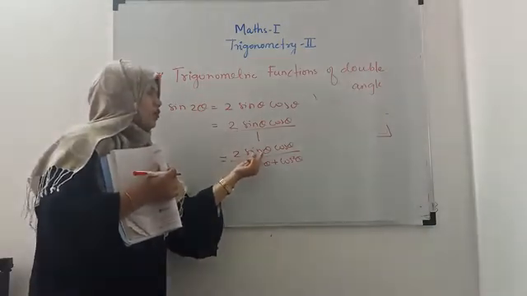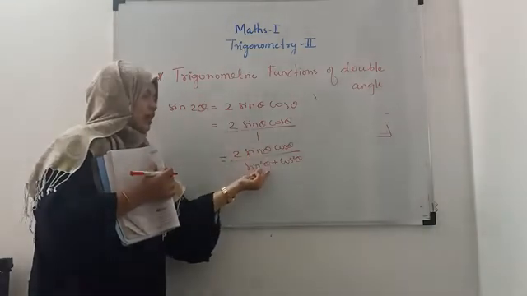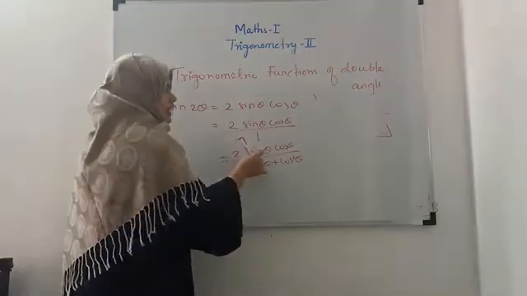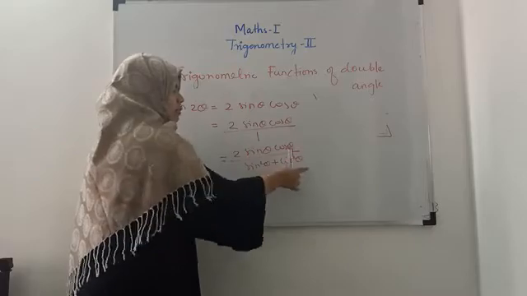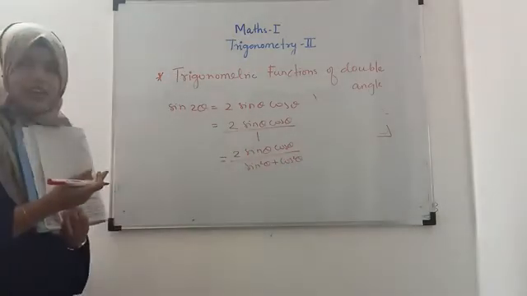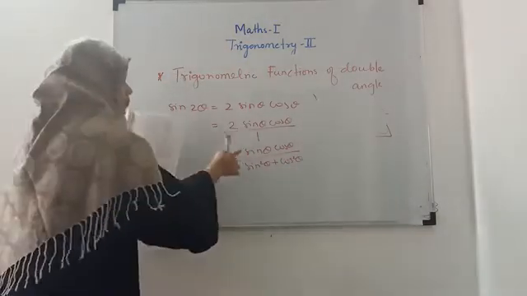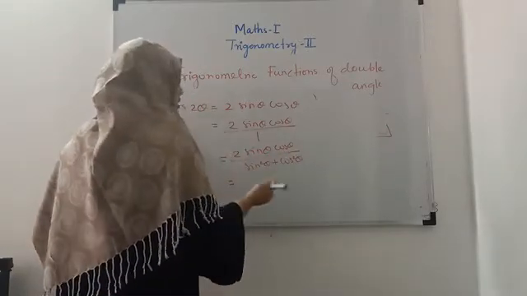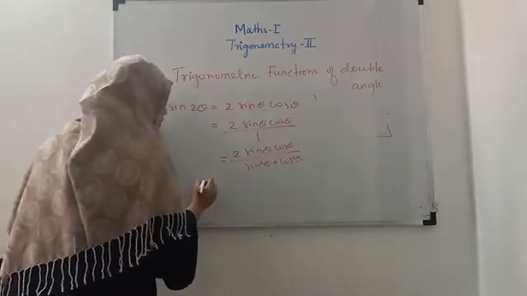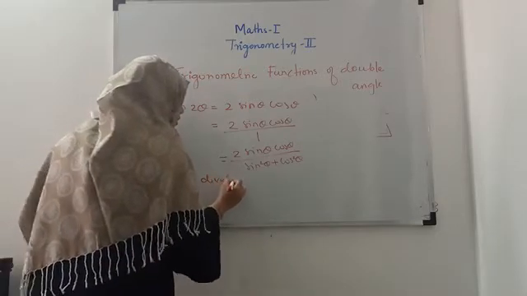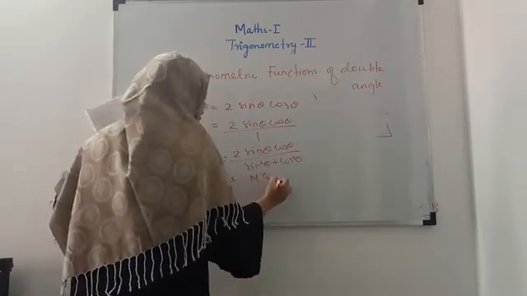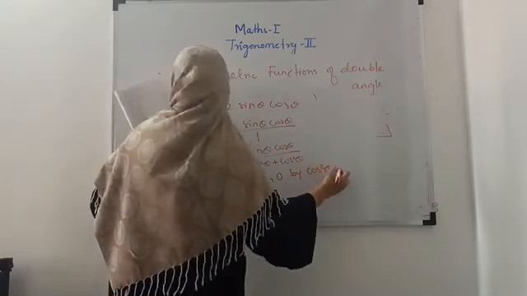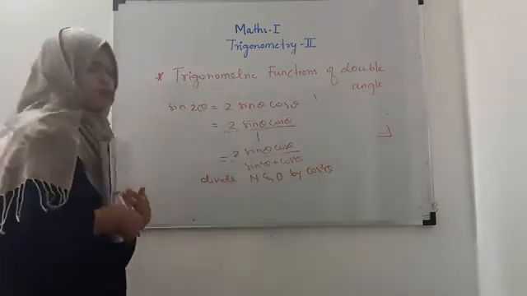So what I'll do, I'll divide this term and this term by cos theta. So sin theta upon cos theta, I'll get tan here. So I'll multiply and divide, or you can say divide numerator and denominator by cos square theta. Okay, by cos square theta.